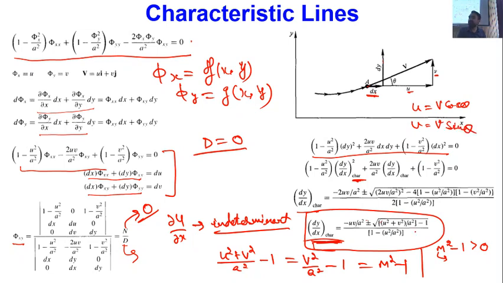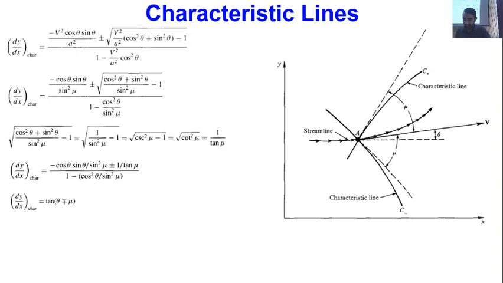If I do these substitutions in this equation, ultimately after doing trigonometric manipulations I will be getting dy by dx as tan of theta plus minus mu. So it means the characteristic direction is once again theta plus mu and theta minus mu. What is mu? Mu is once again the direction of the Mach wave.